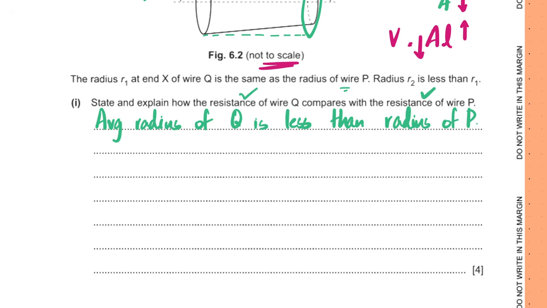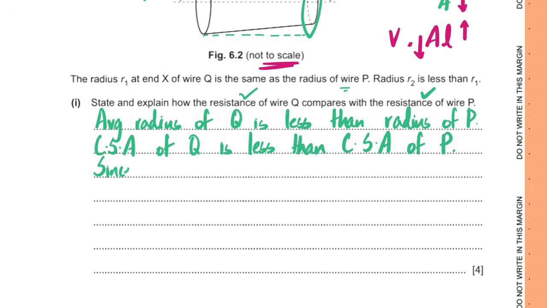So I'll say that average radius of Q is less than the radius of P. So the cross-sectional area of Q is less than the cross-sectional area of P. And then I must say that since volume is constant, Q must have a greater length.